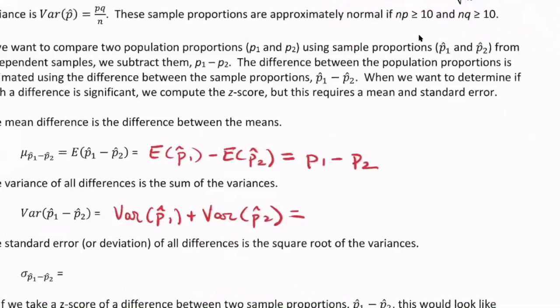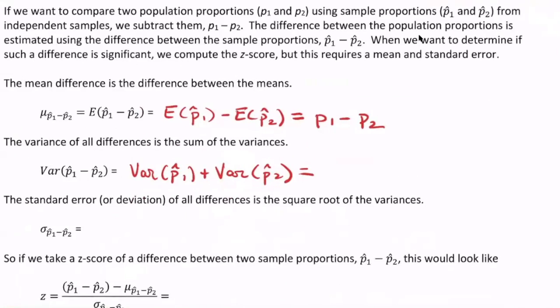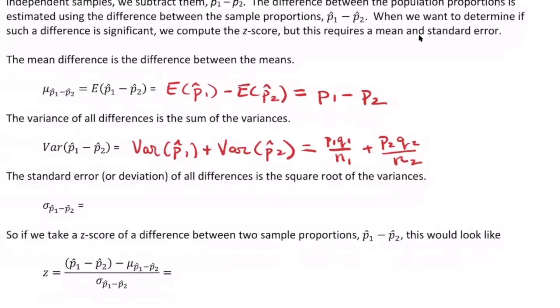So you have a variance for the first population, which is P1 Q1 over N1, and it's the sum of the variances, so then you add P2 Q2 over N2. And then the standard deviation is the square root of the variance, so you just take the square root of that. These have different denominators, so they can't be combined.